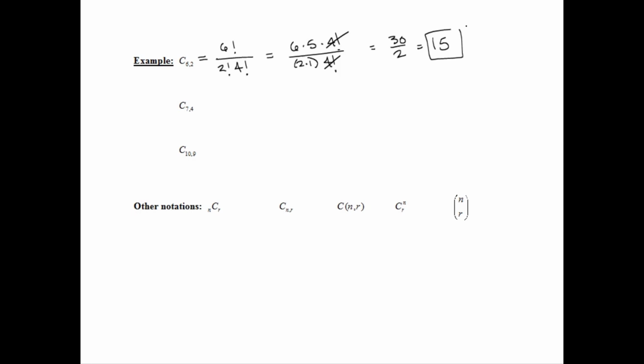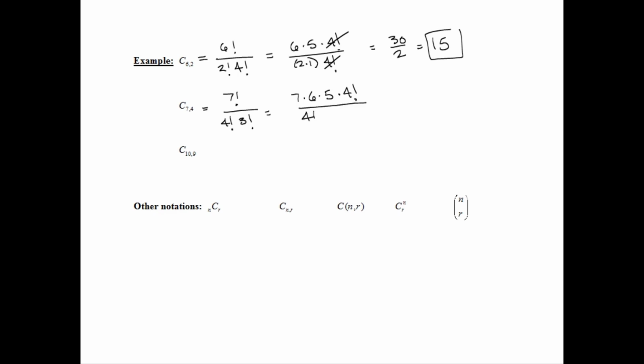If we do combination 7, 4, so 7 is the total number of objects. 7 factorial. R is the number that are being laid aside, so that's 4. And then we're going to have 7 minus 4, so 3. If we simplify this using the factorials, we've got 7, 6, 5 times 4 factorial.